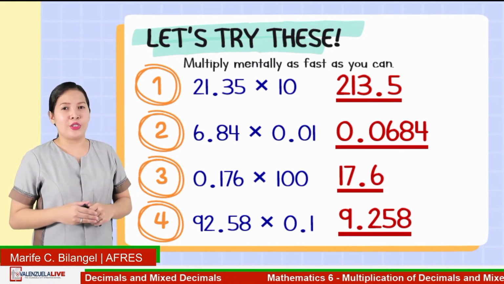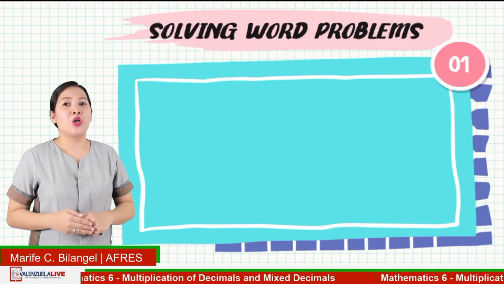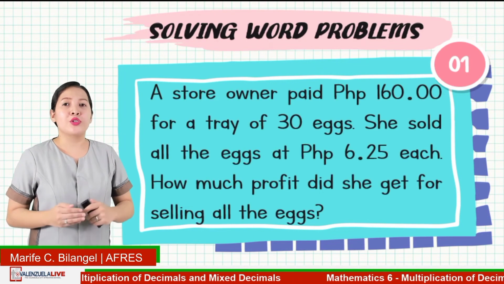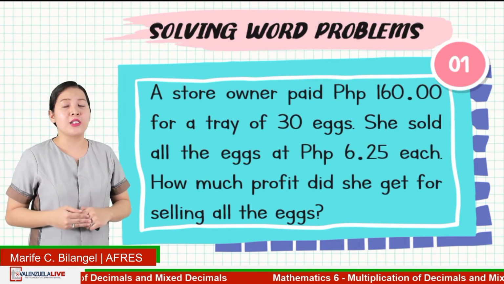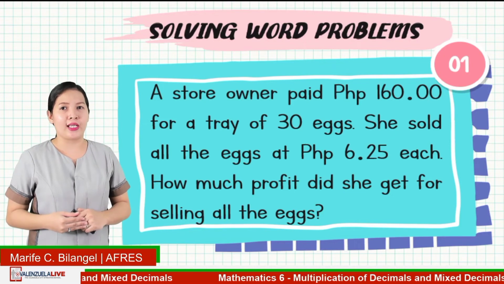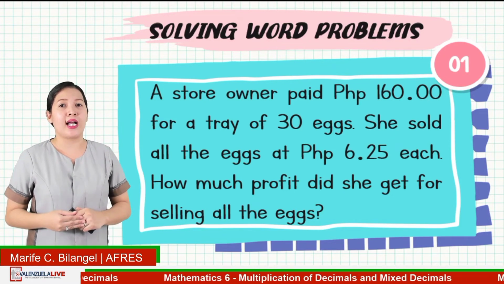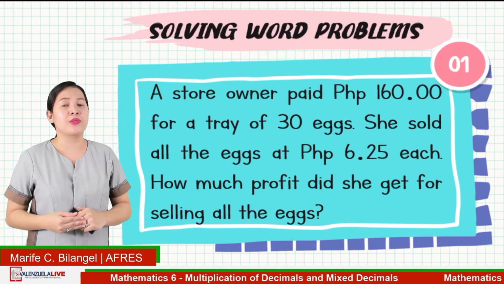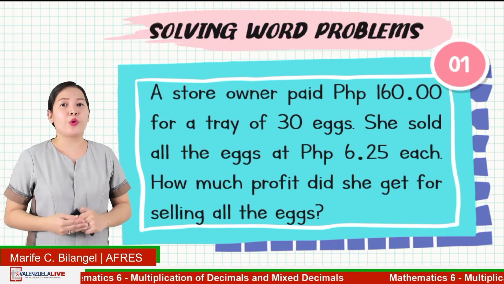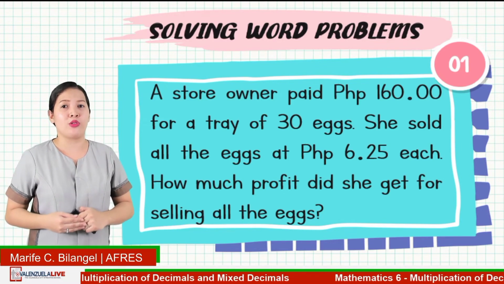Very good, learners. Now, let's have solving word problems. A store owner paid 160 pesos for a tray of 30 eggs. She sold all the eggs at 6 pesos and 25 centavos each. How much profit did she get for selling all the eggs?